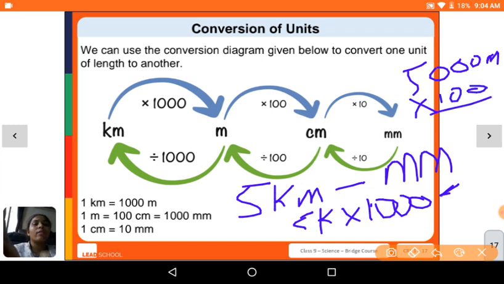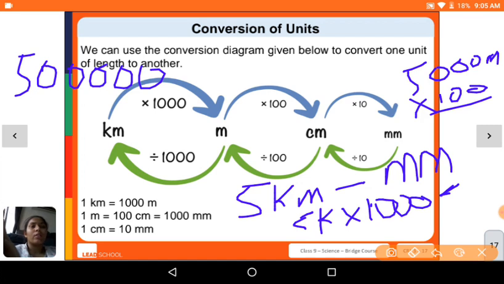So what I will get is 5, and 5 zeros, right? 3 of this 1000 and 2 of this 100, so it is 5 lakh centimeter. Now to convert centimeter into millimeter, we will multiply it by 10, so we will add one more zero, which is 50 lakh, right? So 5 kilometer is equal to 50 lakh millimeter, right?